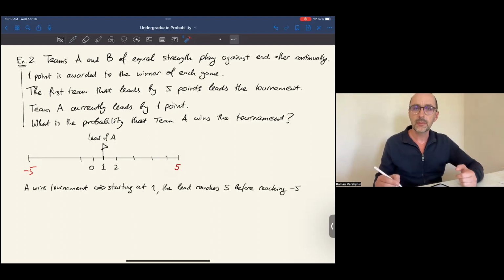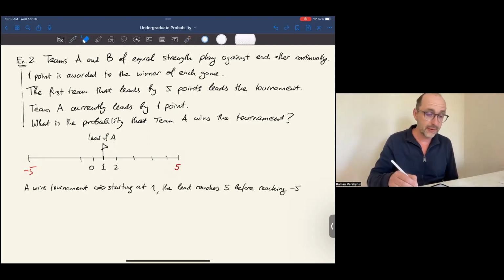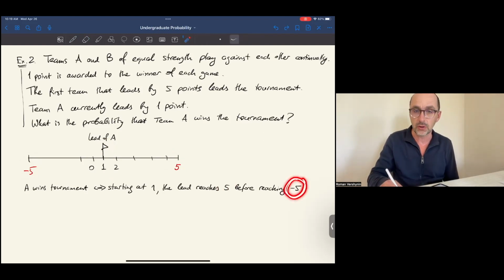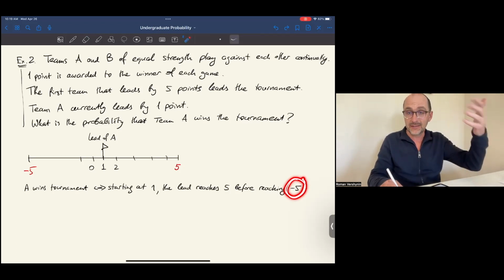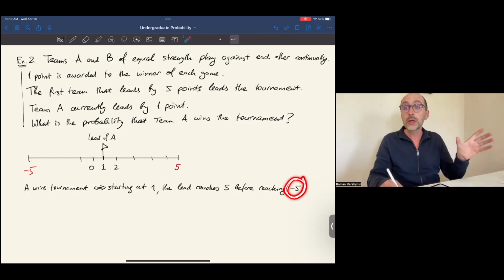This becomes very similar to the gambler's ruin problem that we considered before, except that problem was about reaching something before reaching 0, and we have -5. So what do we do to make it exactly the same as gambler's ruin? We shift the entire picture by adding 5 to all the numbers.